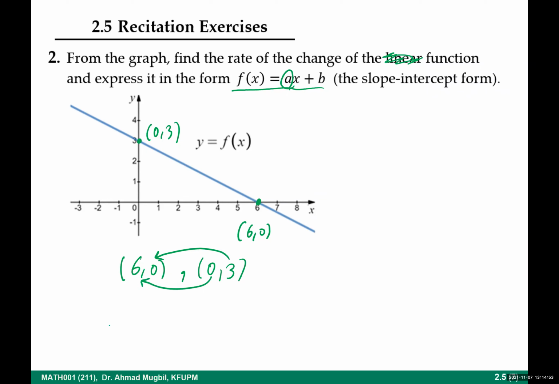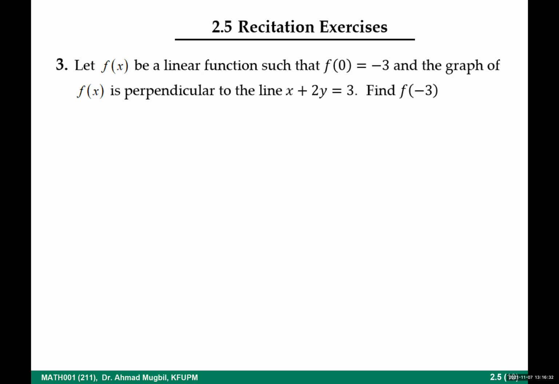Okay, now try to solve this recitation exercise. It is given here that f is a linear function such that f at 0 is -3, and the graph of the function is perpendicular to the line x plus 2y equals 3. Find the value of the function at -3. This should remind you about section 1.3.